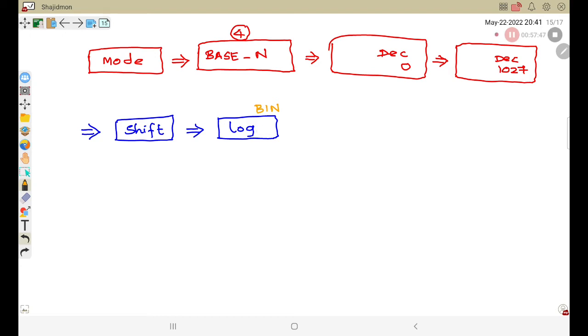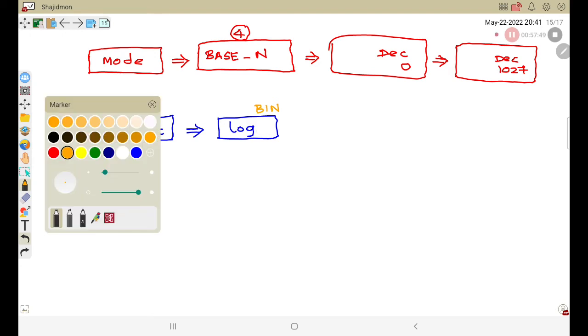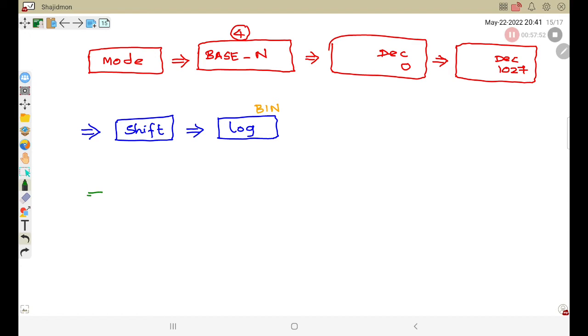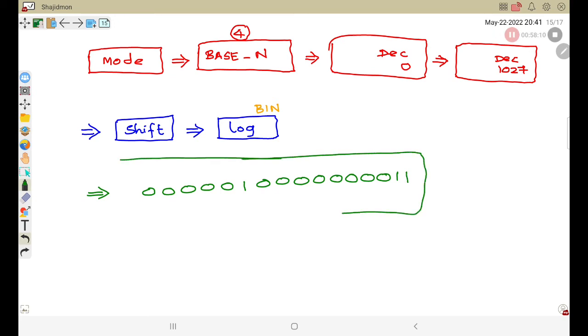So shift log. Your calculator will show the binary number, 0 0 0 0 0 1 0 0 up to the last digits, ending 1 1.